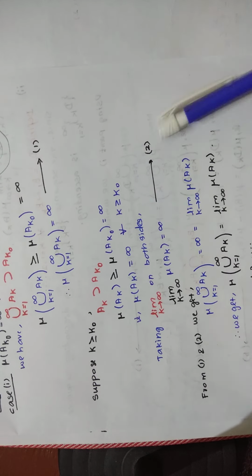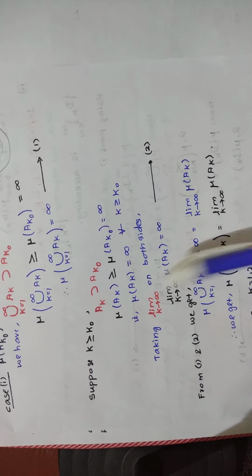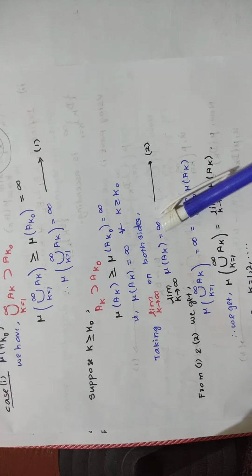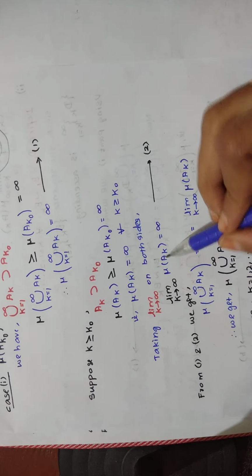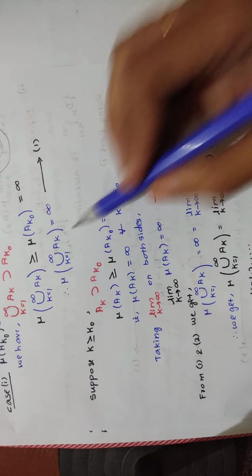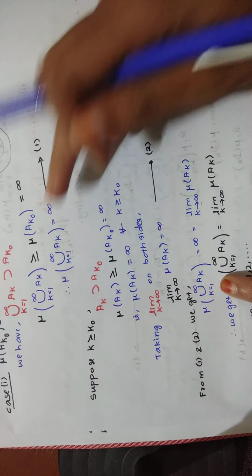Now mark this as equation number 2. So from 1 and 2 you can write this equal to infinity, and this also equal to infinity. This is also the value of infinity, right? So from 1 and 2 you can write like this.